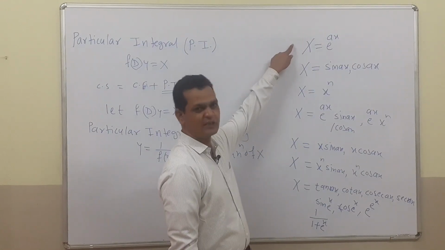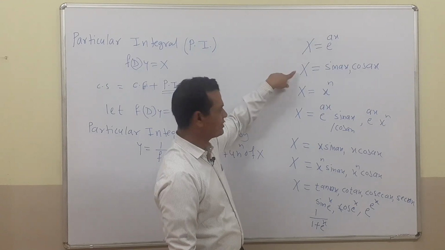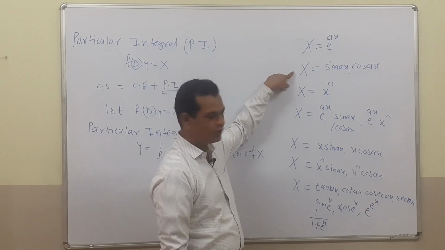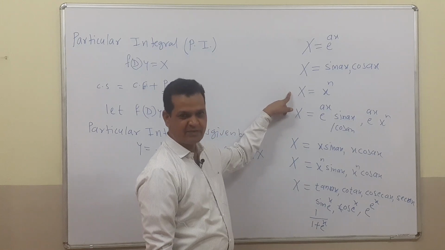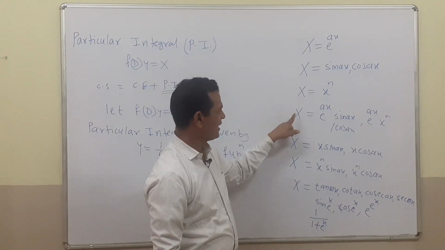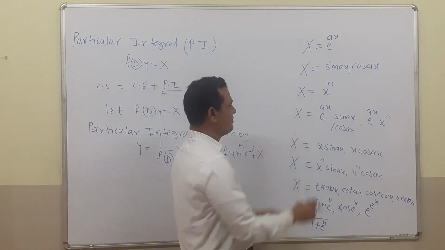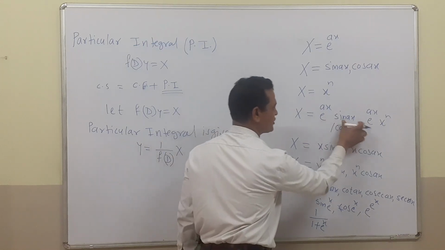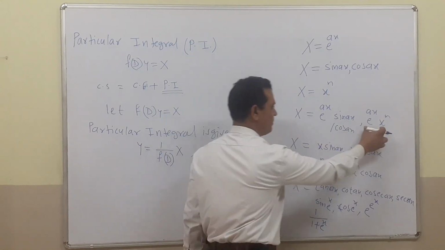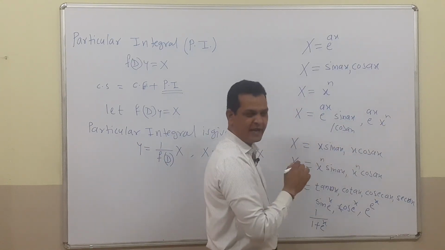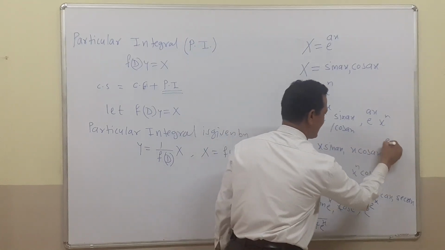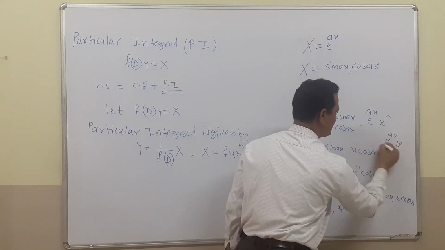So the first type is exponential function, the second type is trigonometric function like sine and cos, the third type is algebraic function, and the fourth type is the combination of exponential function with trigonometric function or with algebraic function, or some people may write this as e raised to x into v.